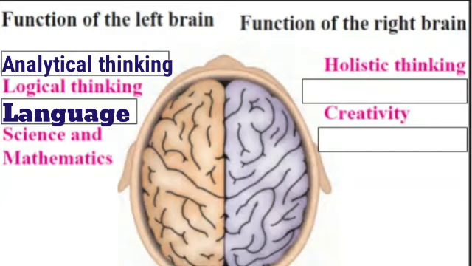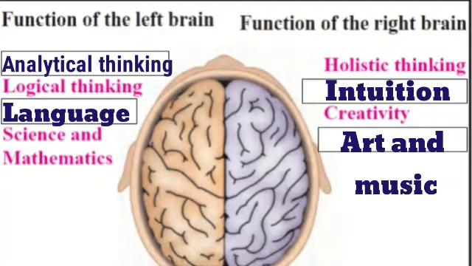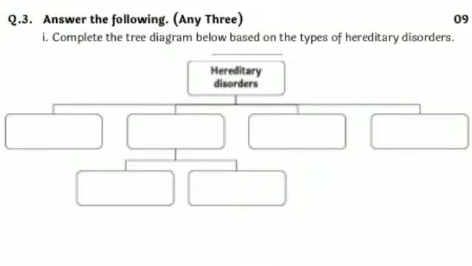And the fourth function is science and mathematics. Let us see the function of the right brain. First, holistic thinking. Second, intuition. Third, creativity. And fourth, art and music. Please write the answer.